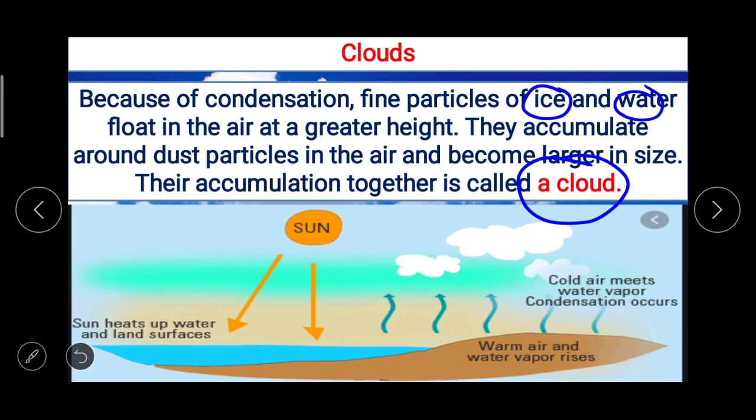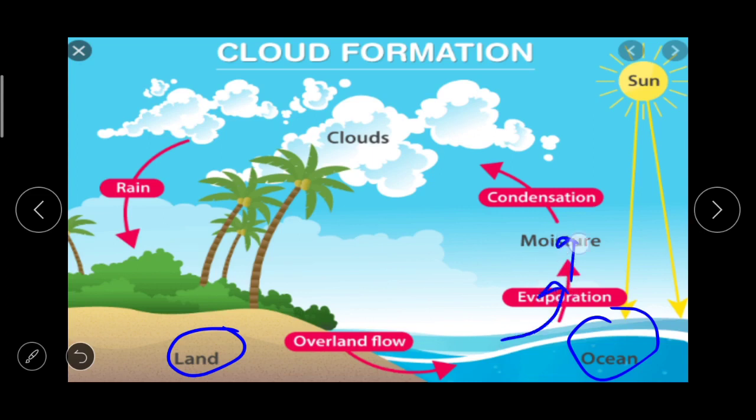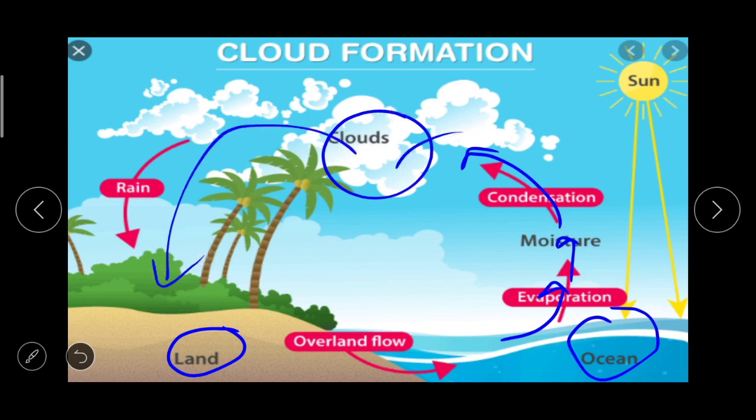Sun heats up water and land surface and cold air meets water vapor, condensation occurs. Next thing, here you can see land, ocean. Evaporation, then moisture, then condensation, and then the formation of clouds and rain. This is the cycle.